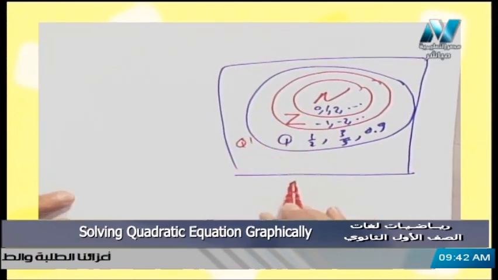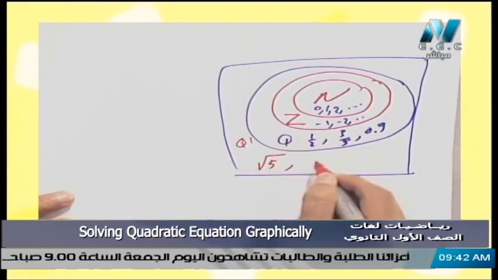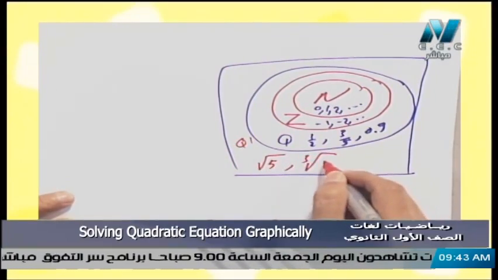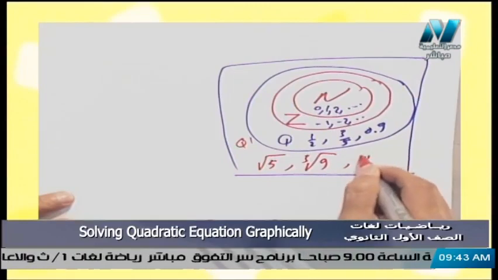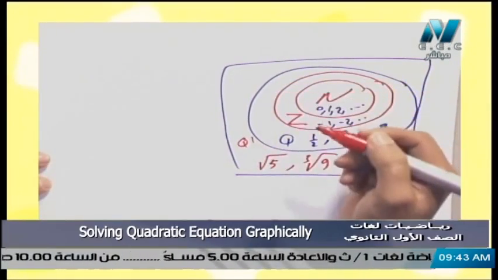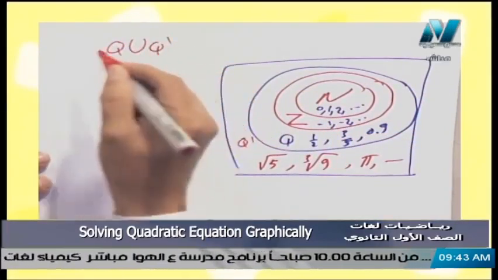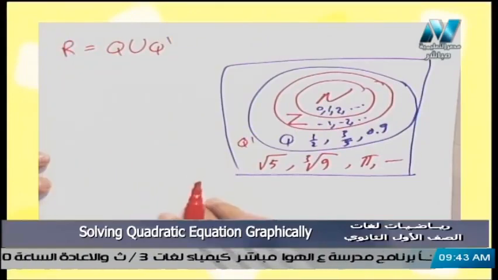Q dash here will be square root 5, cubic root 9, and pi as an example, and so on. All of these, Q union Q dash, is R, which is the set of real numbers.